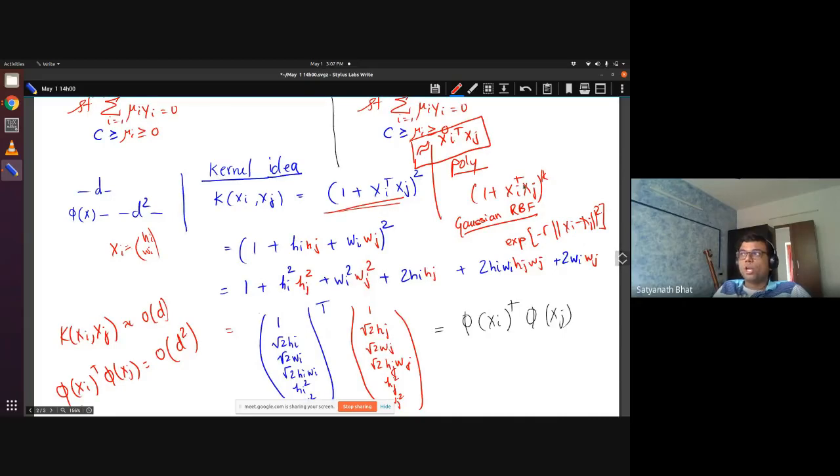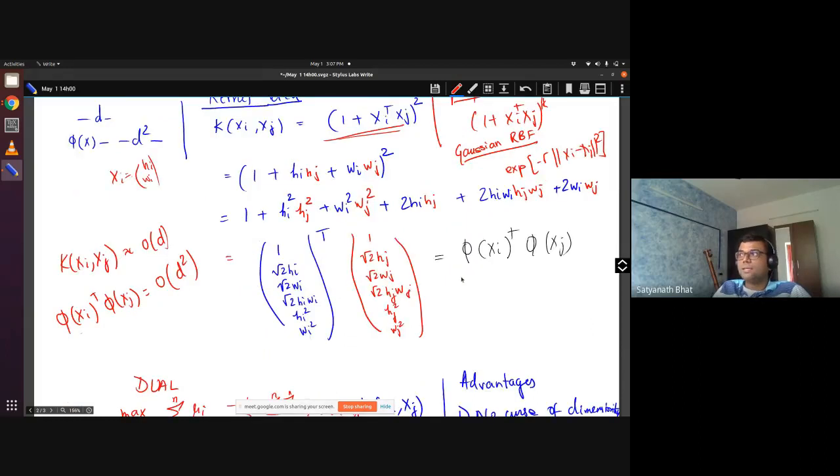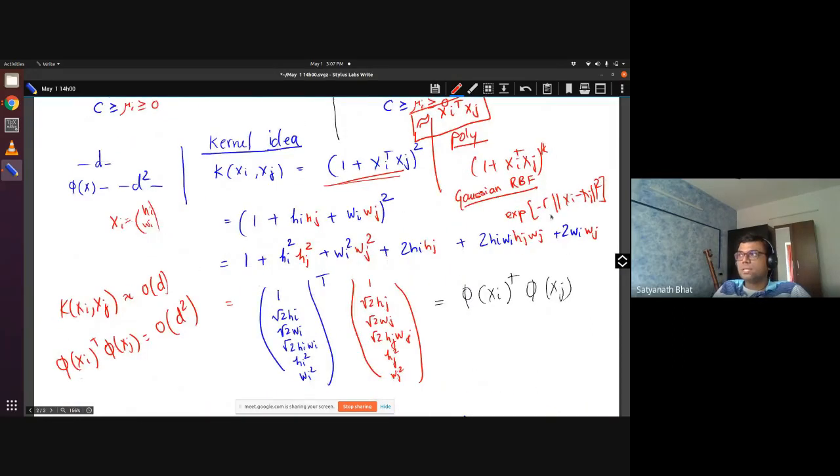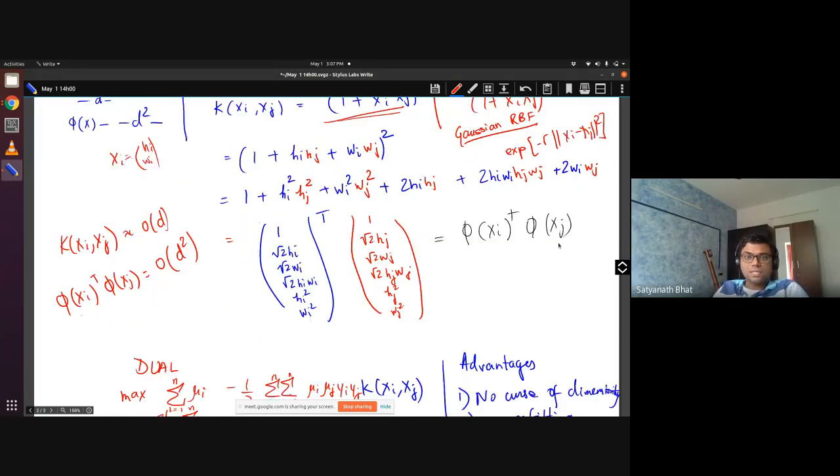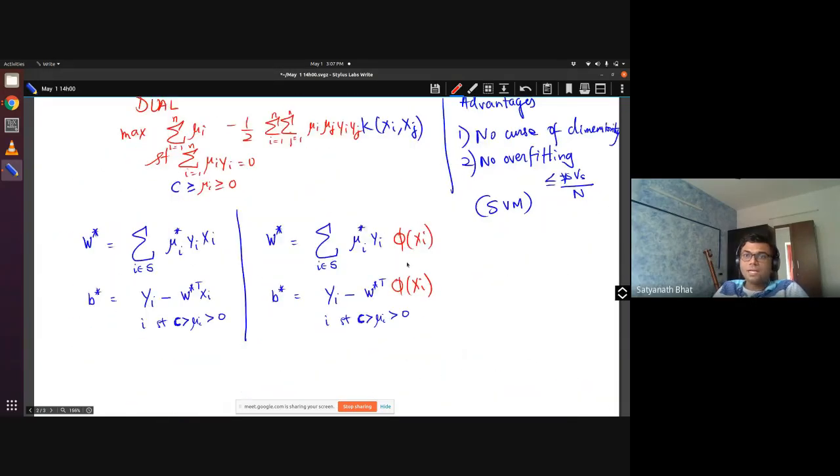The polynomial one is at least k dimensions, so you can hope to compute it, but in the case of Gaussian the terms are infinite dimensional. I haven't shown this, but you can check some internet resource for why this is infinite dimensional. Nevertheless, the problem is that we can't compute phi of xi directly.